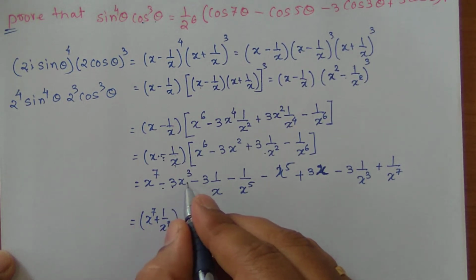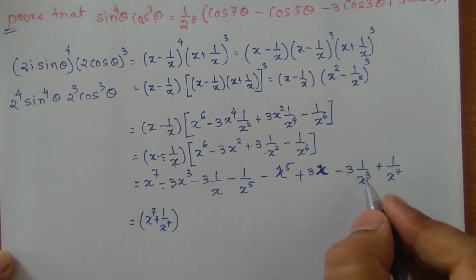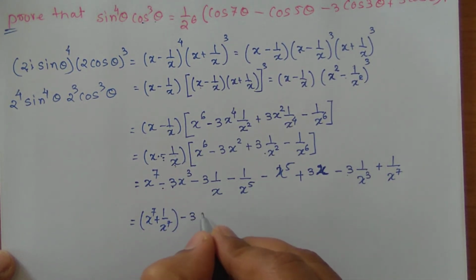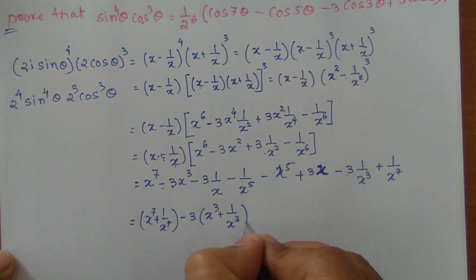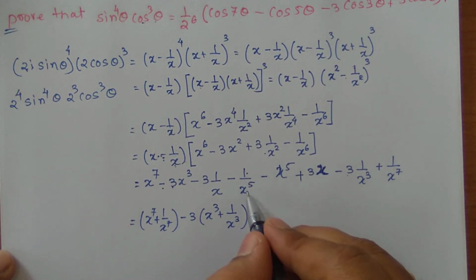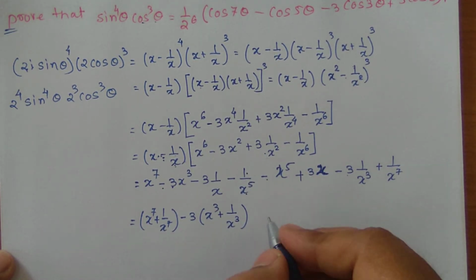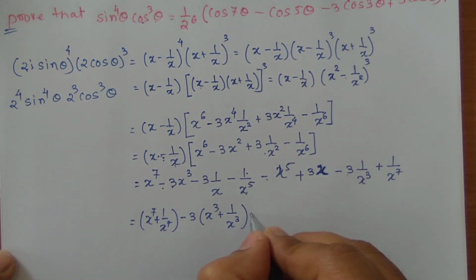Now, x^7 and 1/x^7, I am taking them together. Minus 3 times x^3 and minus 3 times 1/x^3 I am taking together. So minus 3 into bracket (x^3 + 1/x^3). The next is minus 1/x^5 and minus x^5, I am taking together.